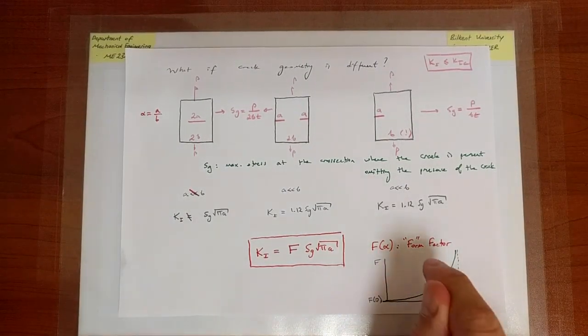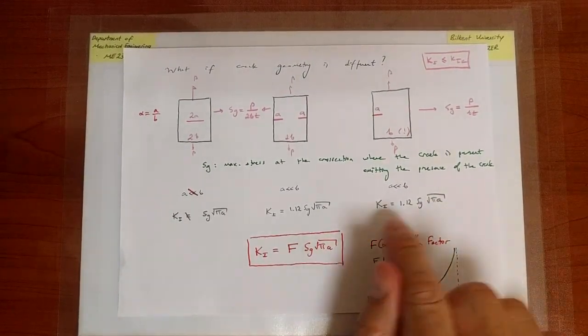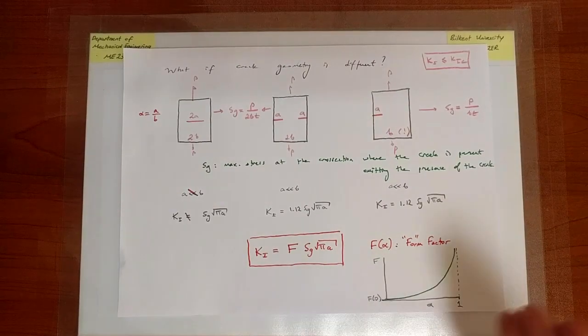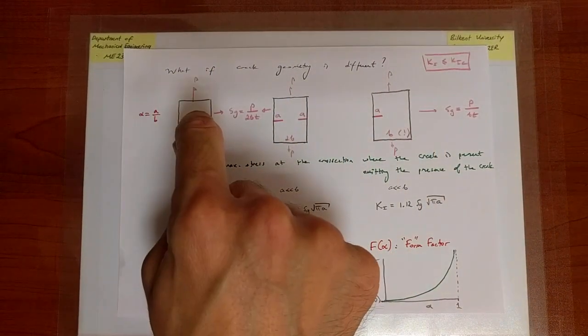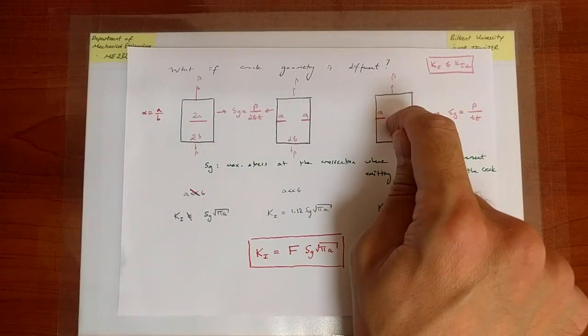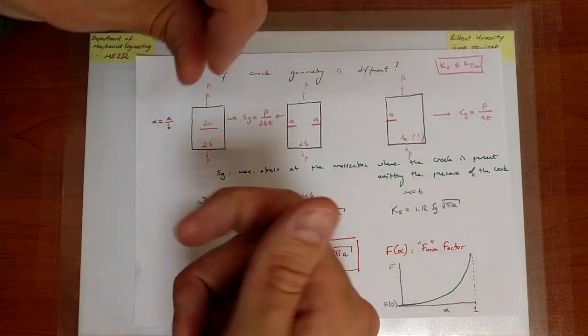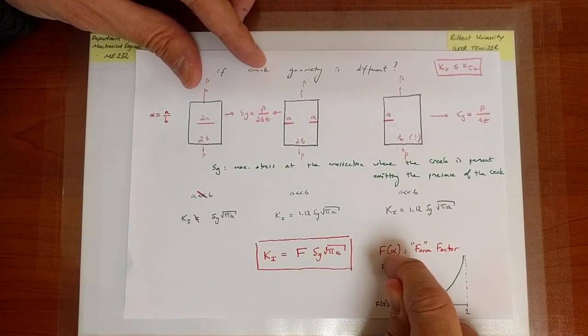Now, the exact value of F, the functional form, the way it depends on alpha, depends on the case we are considering. If I'm pulling with that or that geometry, or if I'm bending, or if I'm torquing, etc., every case has its own F of alpha.